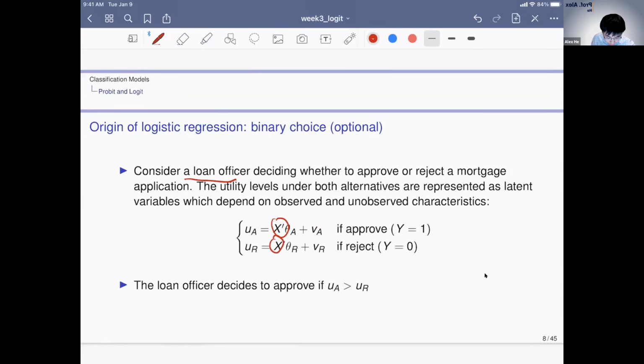When you approve, you get a utility of theta a times x plus v a, where v a is the error term. And if you reject, you get theta r, another constant, times x plus another error. Then you decide to approve, of course, if the utility of approval is greater than the utility of rejecting.